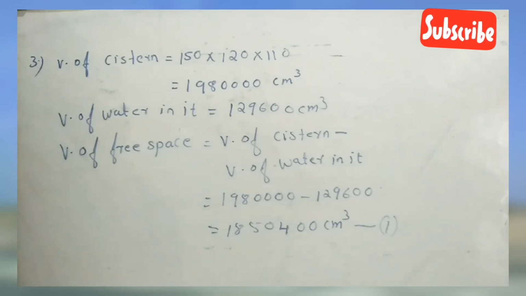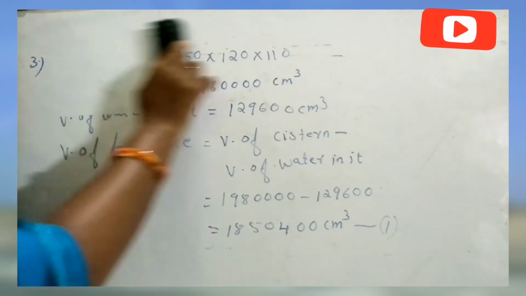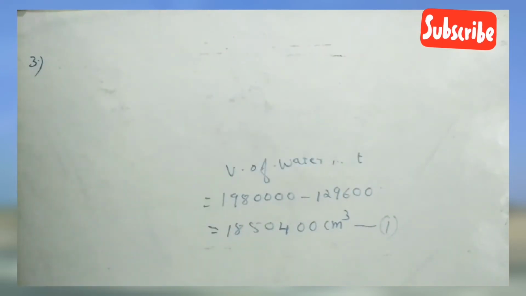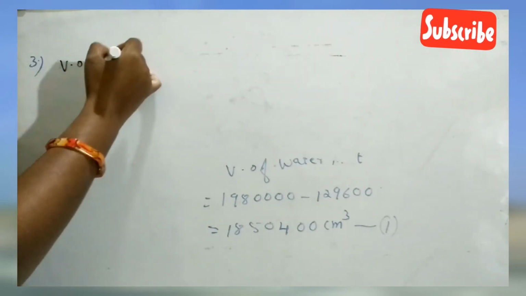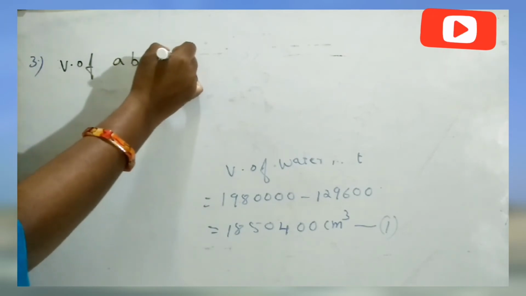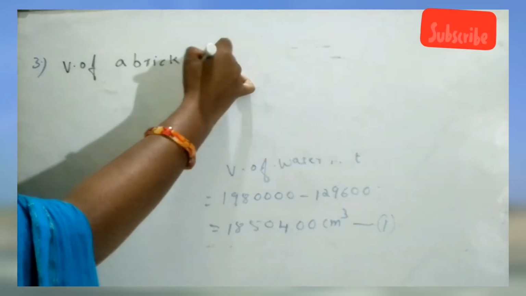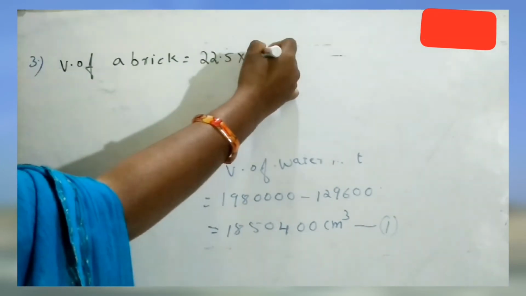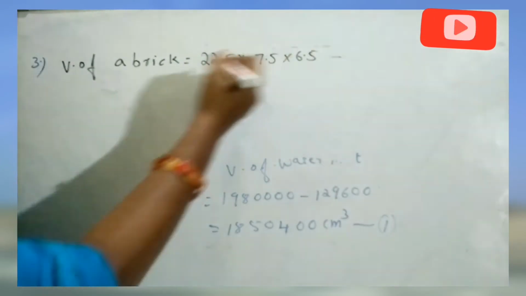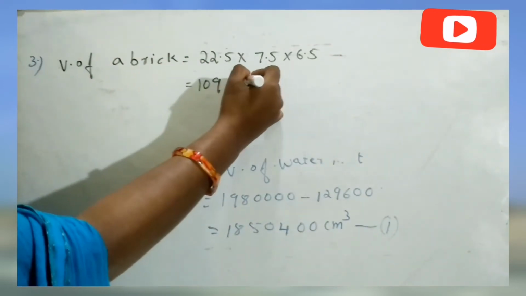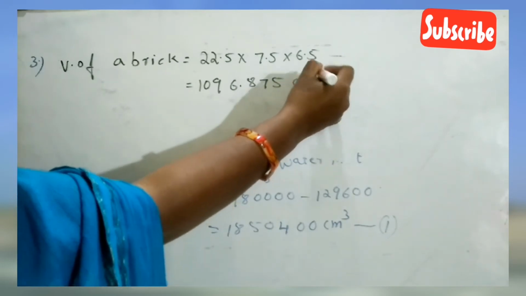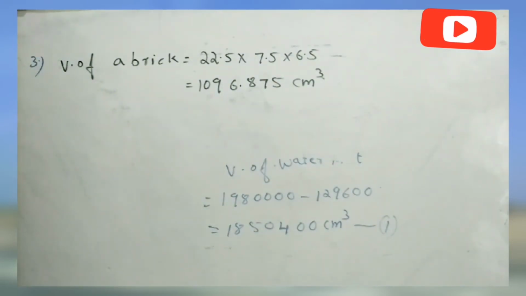It is given that the dimensions of the brick are 22.5 into 7.5 into 6.5, so the volume of a brick is equal to 1096.875 centimeter cube.